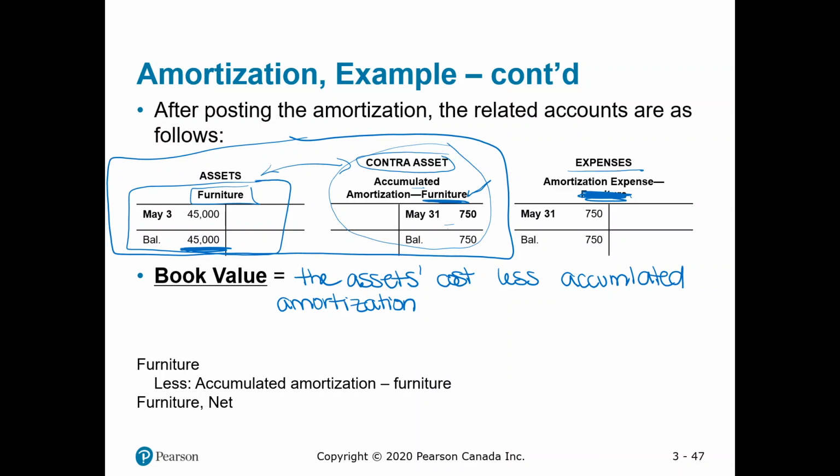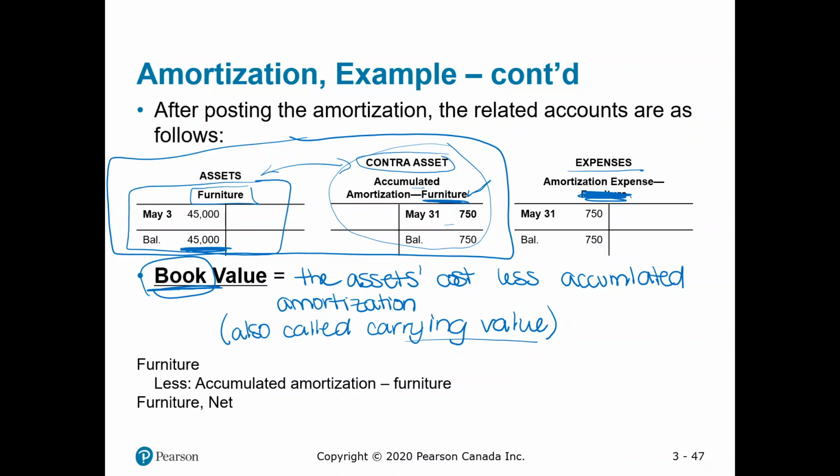And we'll see what this book value is, or what the amount is. And it's called the book value because it's the amount that's sitting on our books once we've amortized it. And it could also be called carrying value. And again, that's because it's the value that we're carrying it at in our accounting records. So the books are the accounting records, and that's what we're carrying it at.